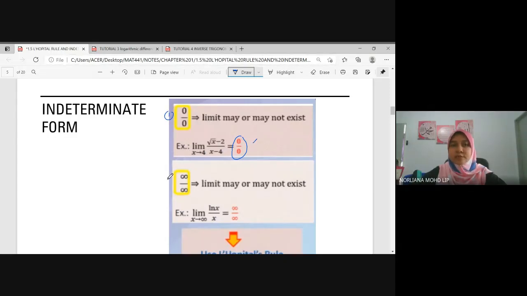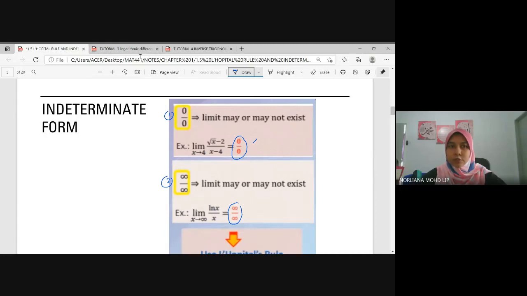The second example is infinity over infinity. When we substitute infinity into this function, ln infinity equals infinity, over infinity. So infinity over infinity is the indeterminate form.